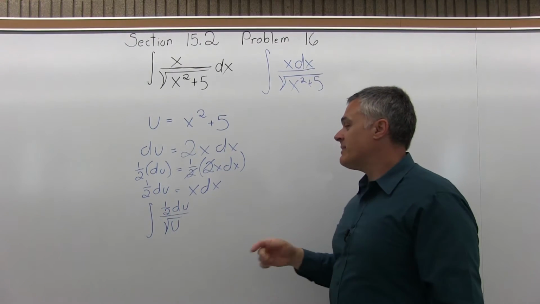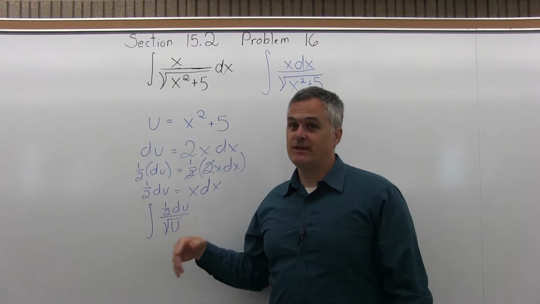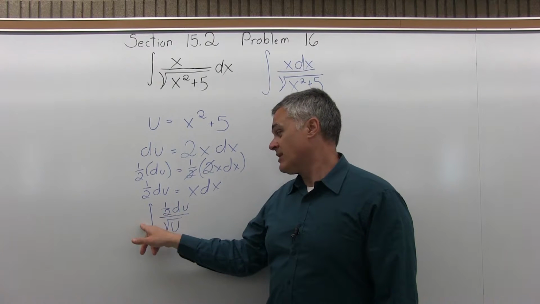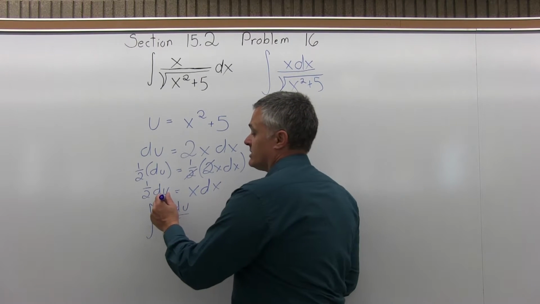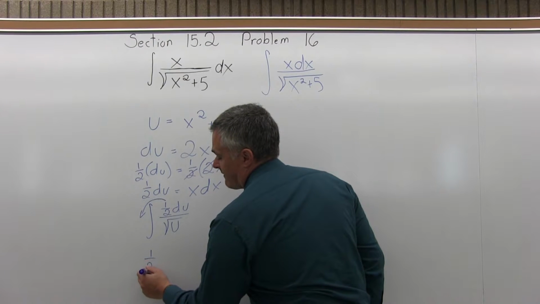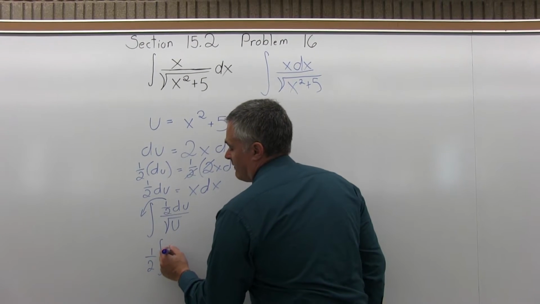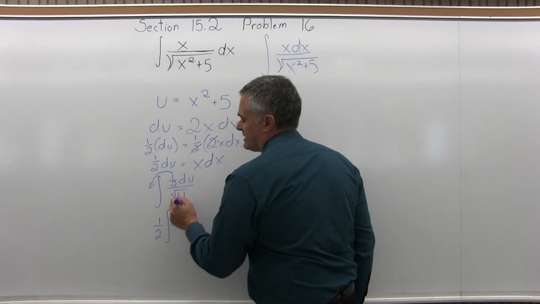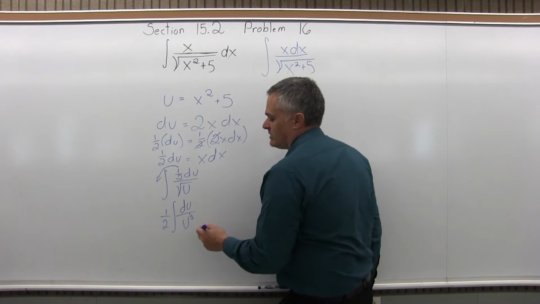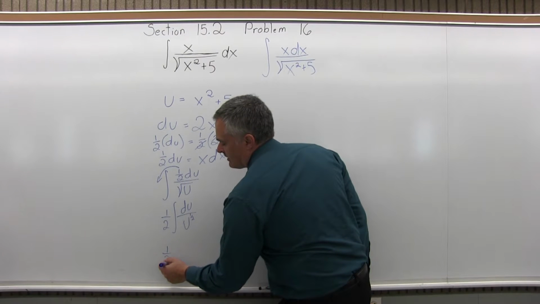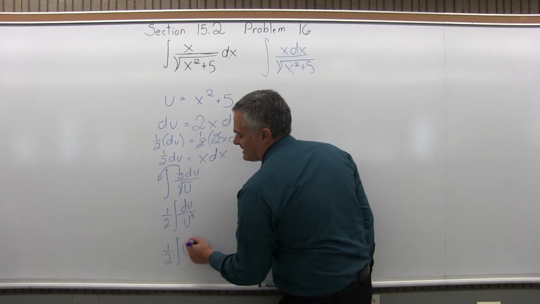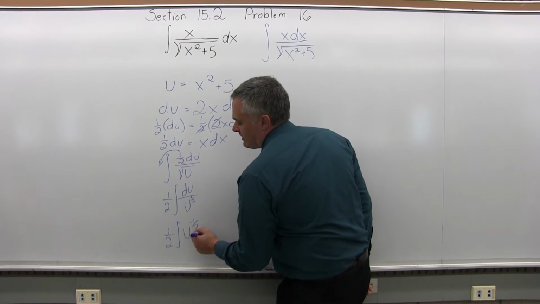And as I've done in the past, that adjustment of 1/2, it has no variable. So if I want, I could leave it inside the integral. But I also have the right to pull it in front of the integral, which I'd much prefer to do. So I'm going to have 1/2 the integral of du over, instead of square root of u, let me write it as u to the 1/2, and then let me take that one step further, leave the 1/2 in front, integral of u to the minus 1/2 du.